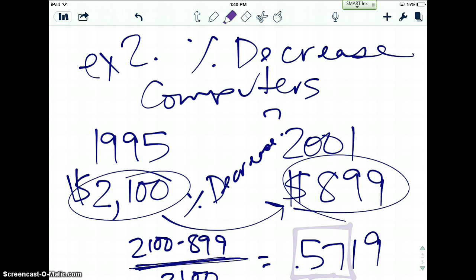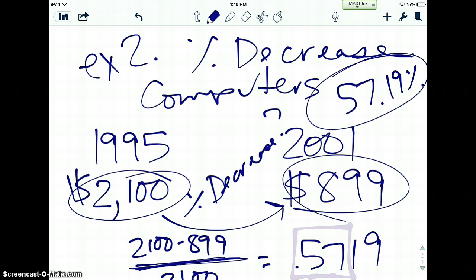So I'm going to have 57.19% decrease, or about 57.2 if I rounded to the 10th of a percent. It's a pretty good decrease. Almost more than half off by the time I get to the year 2001. And if we go all the way to the year 2014 today, we have a major decrease.